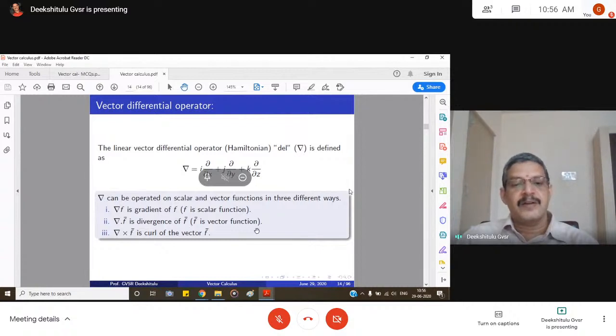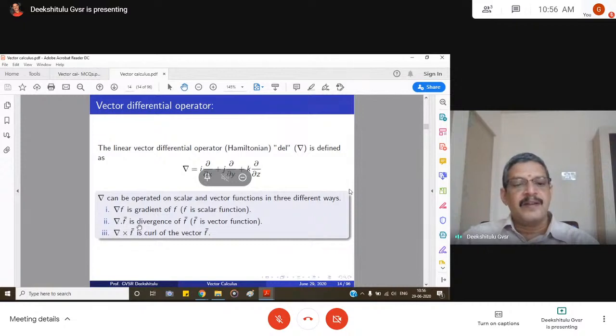f bar is a vector function, and del dot f bar is a scalar. Why? Dot product is also called scalar product, so the output is a scalar. In the first case, f is a scalar function and del is a vector operator, so del f becomes the gradient and this is a vector.